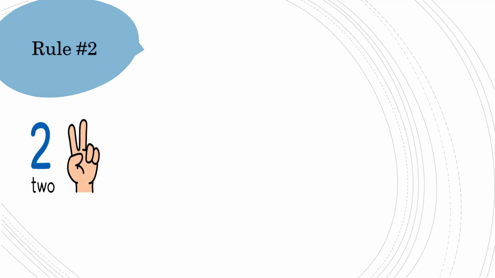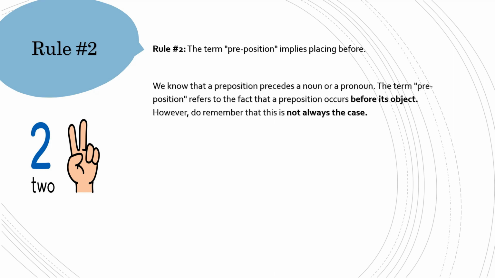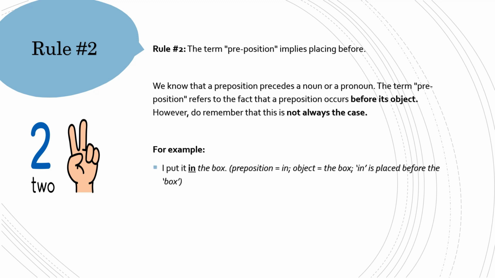Rule number 2. The term preposition implies placing before. We know that a preposition precedes a noun or a pronoun. The term preposition refers to the fact that a preposition occurs before its object. However, do remember that this is not always the case. For example, I put it in the box.